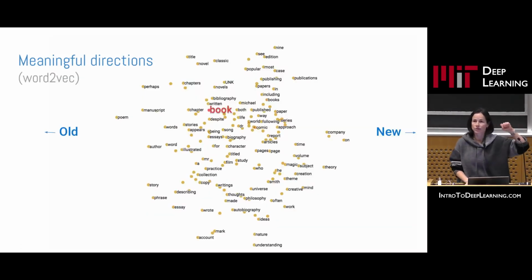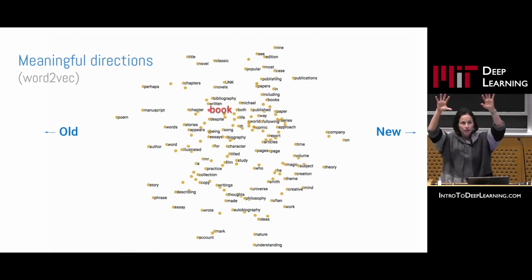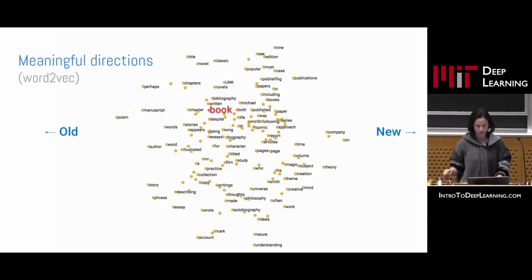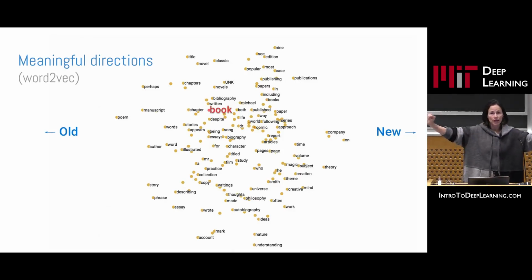What I did here is I went to the embedding projector that you just saw, and I looked for the word book, okay? And then I filtered all the words by the 100 top nearest neighbors to book. So I have words like biography and publishing and manuscript, all the nearest neighbors to book. But then I said, okay, now I want to see these words along the following projection.